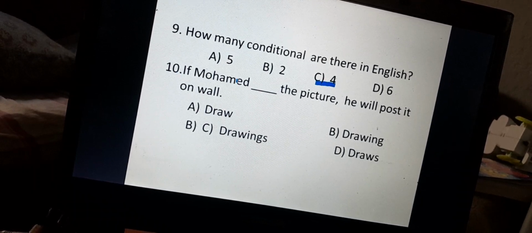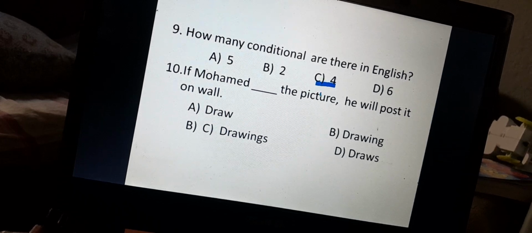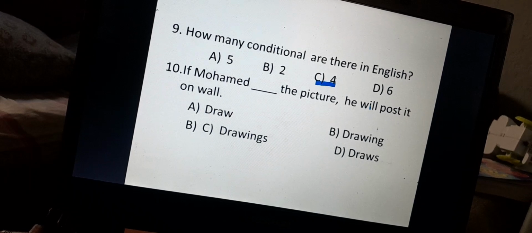And now we come to question number 10. If Muhammad blank the picture, comma, he will post it on all. This is a blank space question, and it is based on conditional type 1. The reason we say conditional type 1 is that here we are given a subject, then will, and then a verb 1.